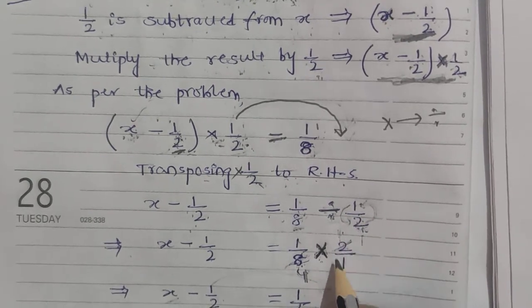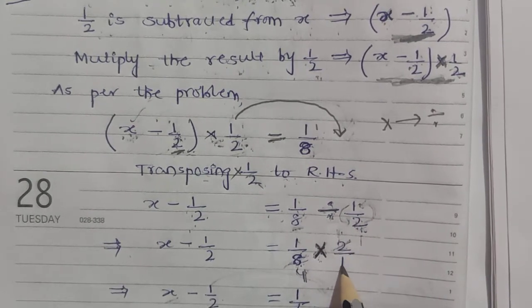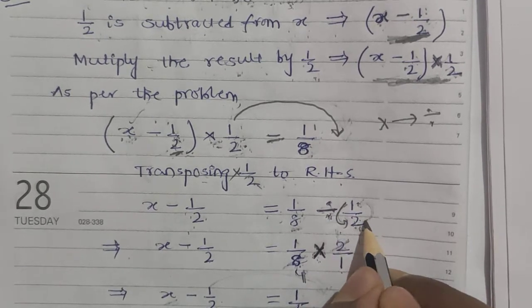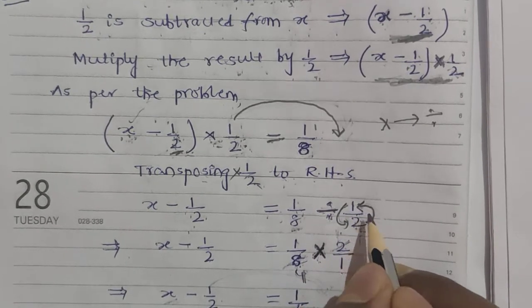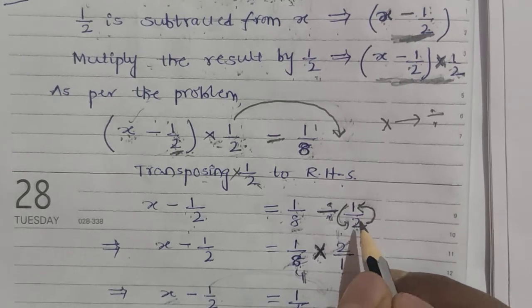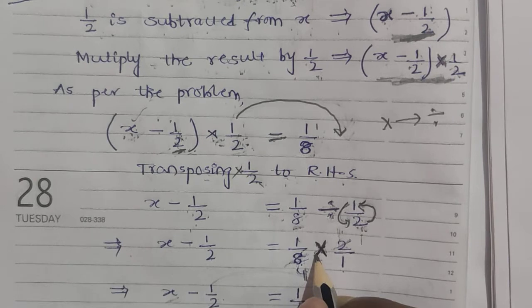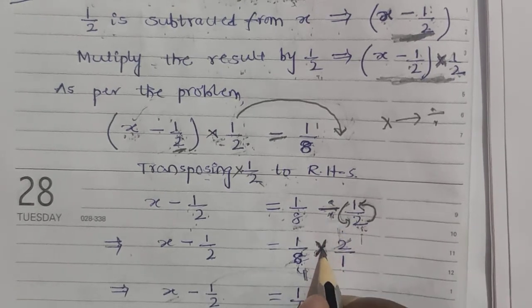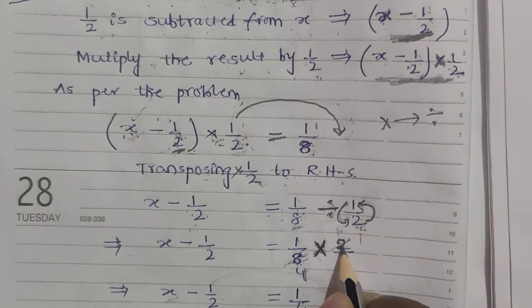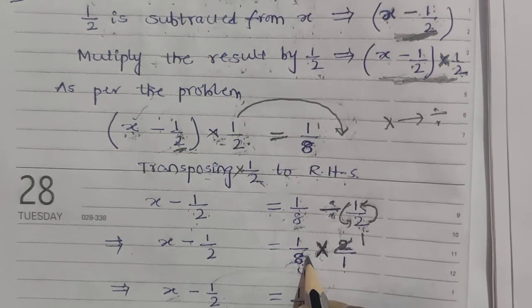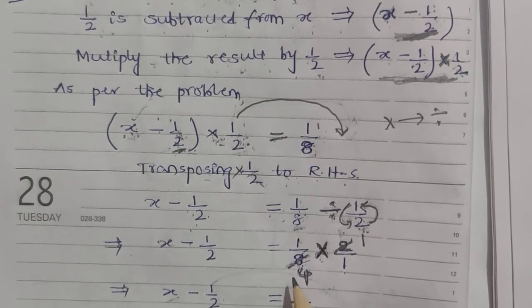The multiplicative inverse of 1/2 is 2/1: numerator becomes denominator and denominator becomes numerator. Instead of division, we take multiplication. So 2 ones are 2, 2 fours are 8.